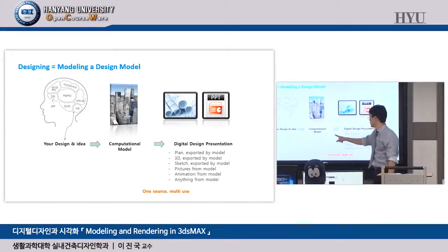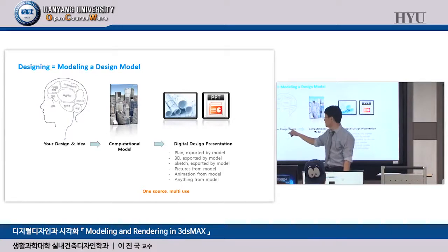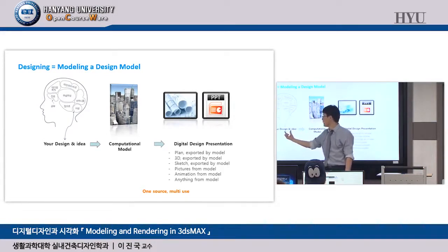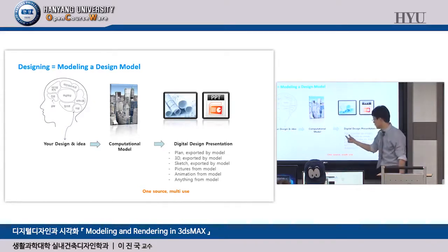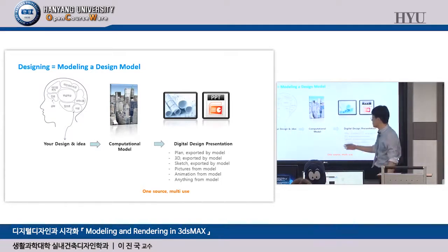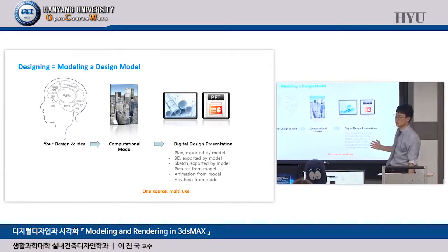Computational model to your presentation method. But from your idea to your computational model, if you change your mind, if you update your idea, you don't need to update plan, 3D, pictures, sketch, animation, whatever, okay? Only one thing, okay? Your computational model should be updated, okay? This process. And then your material for design presentation is going to be extracted, okay?